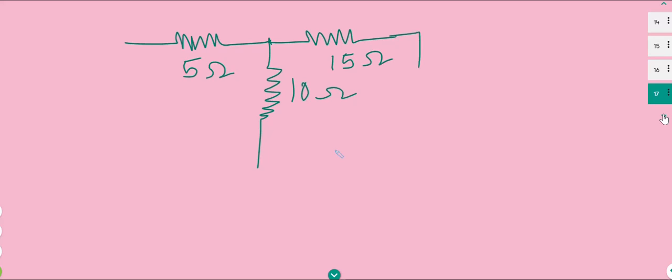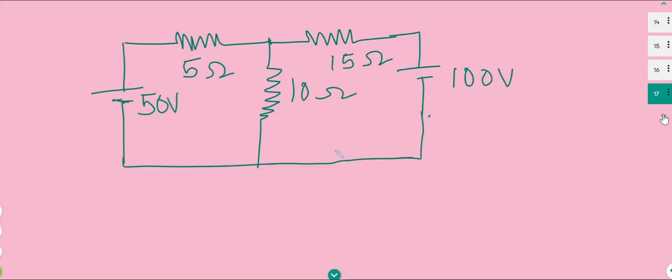This side the voltage source is 100 volts suppose, and this side you have 50 volt. And you have to find the current through the 10 ohm resistor using the superposition theorem.